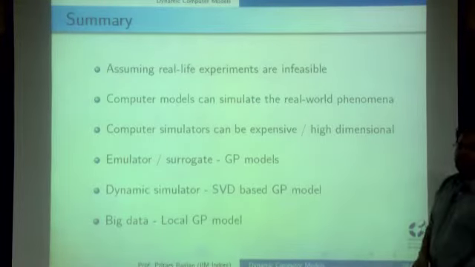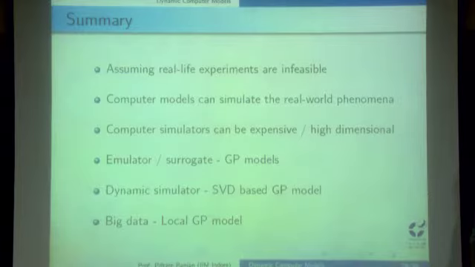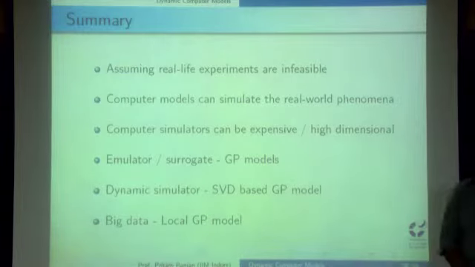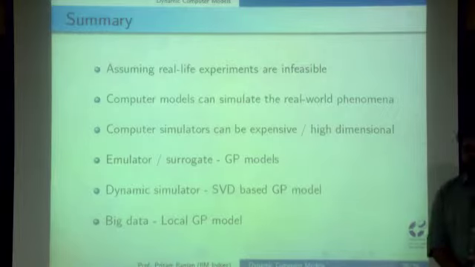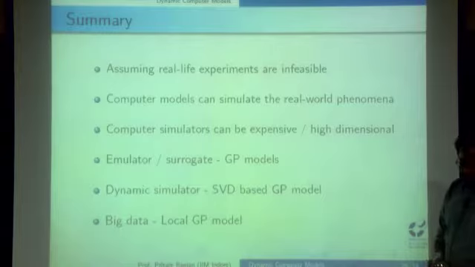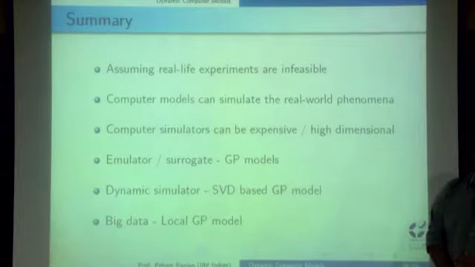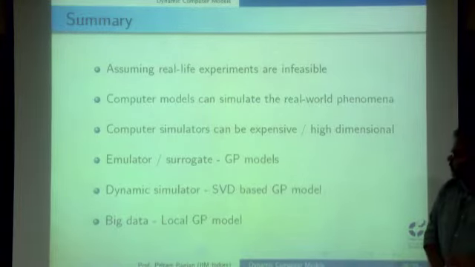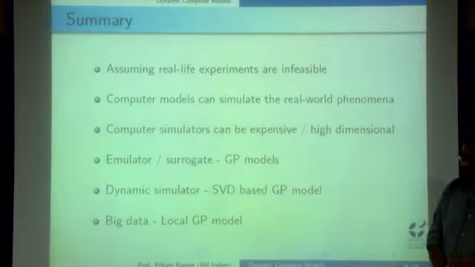So, just to summarize, real life experiments, when it's difficult, computer models sort of save us, but computer models also are sometimes expensive, and then the statistical models, or what we call surrogates, are used to do the experimentation. Okay. And GP models are one of the popular classes of simulators or statistical surrogates that are used.